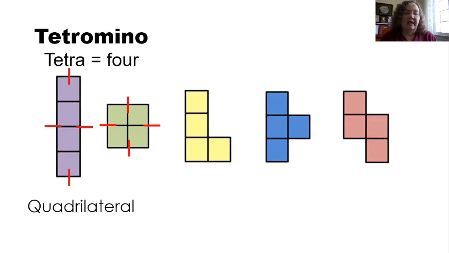How about that L shape? I wonder how many sides it has. Help me count them. 1, 2, 3, 4, 5, 6. Do you remember what a six-sided polygon was called? A hexagon. Very good. All right, let's try the next one, the blue one. 1, 2, 3, 4, 5, 6, 7, 8.